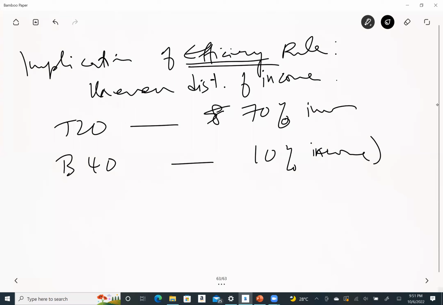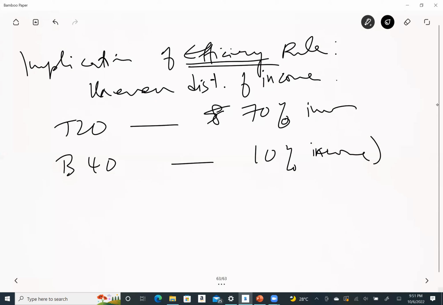You tax the good: the price tax, the consumption tax, the excise tax. What is the basis of the price tax? Based on the efficiency rule we just discussed. Based on elasticity. The more inelastic the good, the higher the tax.